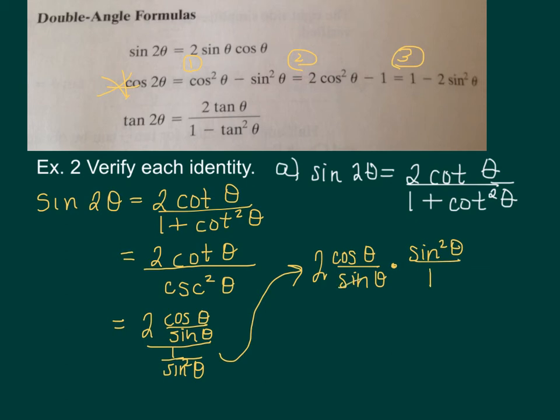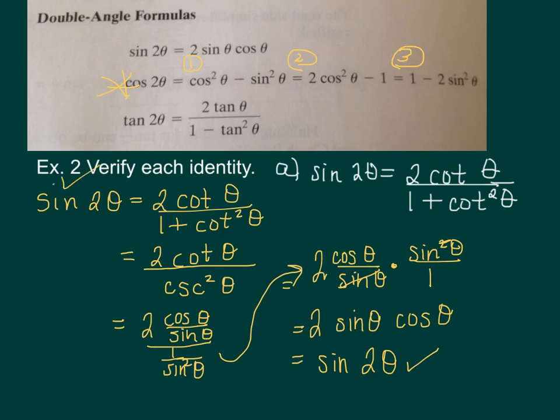That way, this sine is gone, and we have one more sine left. And then if you notice, I'm left with, and I'm just going to rewrite it, this, which is equal to sine double angle. And we have proven the left side equals the right.